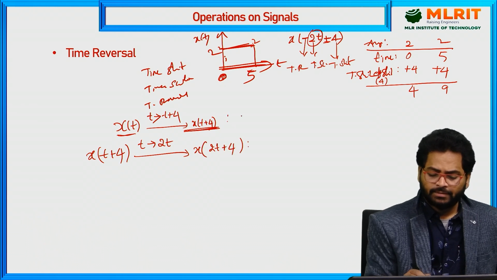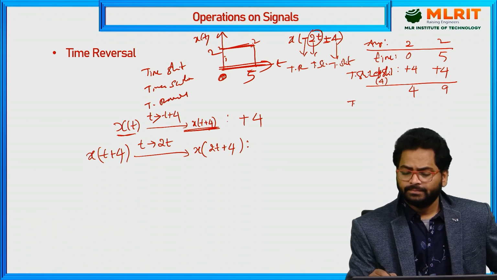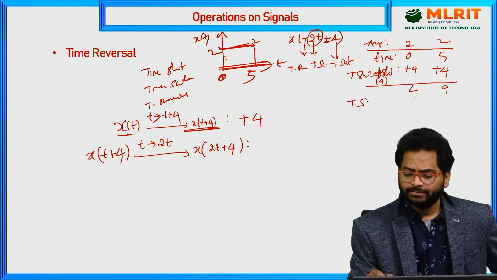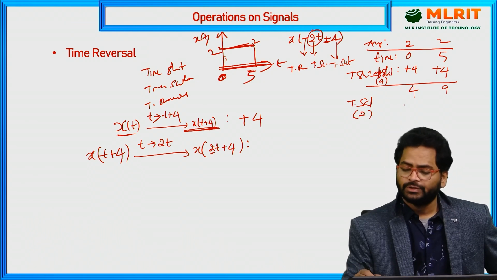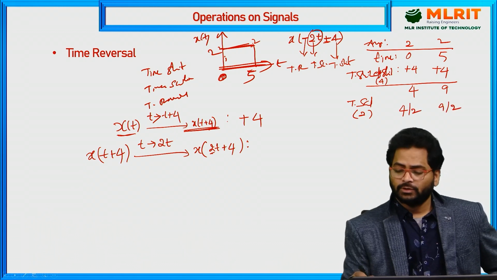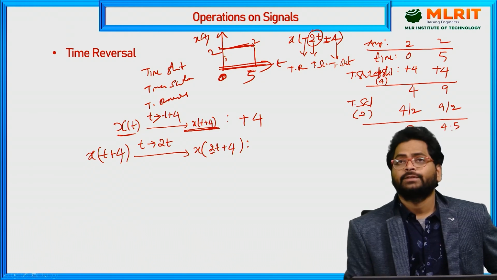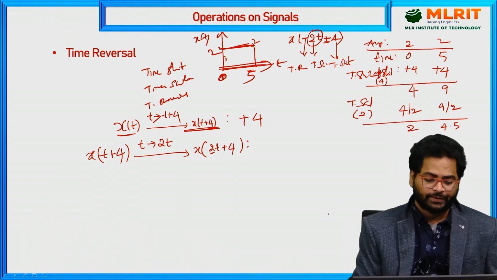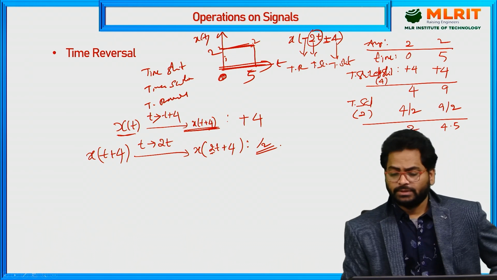This operation is time scaling by 2 units. Once you do the time scaling by 2, divide by 2. So 4 divided by 2 is 2, and 9 divided by 2 is 4.5. This is about the 2 and 4.5. Now it's the second operation, divide by 2 units.